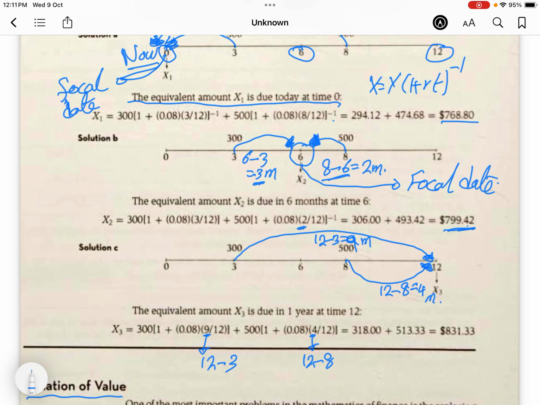The equivalent amount x3 is due in 1 year, at time 12. x3 equals 300 multiplied by 1 plus 0.08 multiplied by 9 over 12, plus 500 multiplied by 1 plus 0.08 multiplied by 4 over 12.